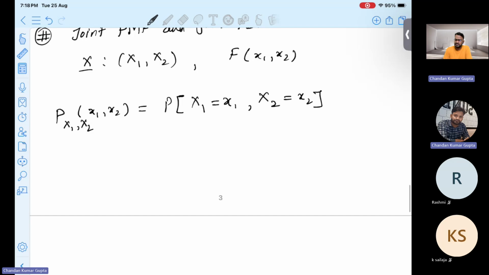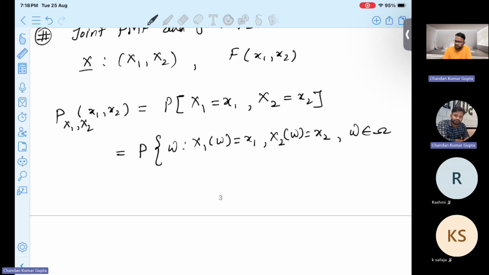Or, if you want, we can write the probability of omega such that X1(omega) equals x1 and X2(omega) equals x2, where omega belongs to the sample space capital Omega. So this is the definition of the joint probability mass function.